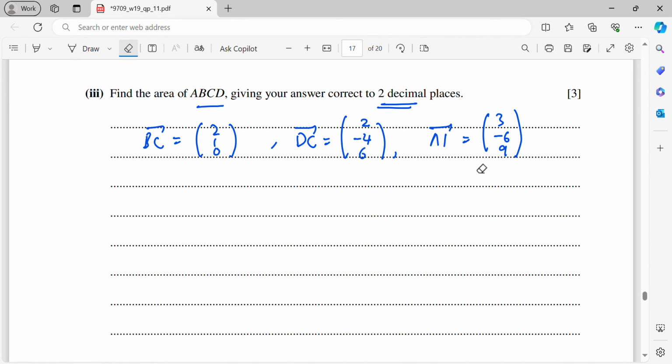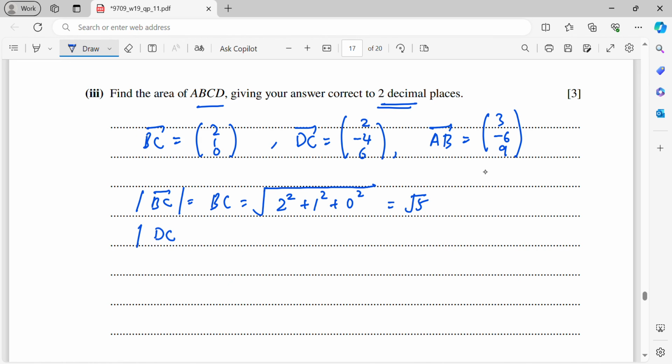Okay, so now I need to find out the 3 lengths, the 3 magnitudes. The length of BC is the square root of all components squared and added together. So 2 squared plus 1 squared plus 0 squared. I will leave it in square root first. That is square root 5.